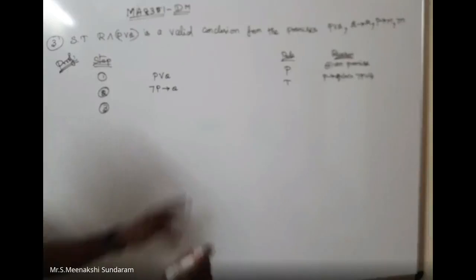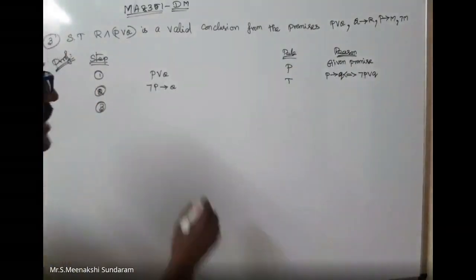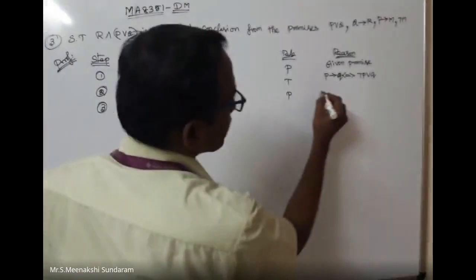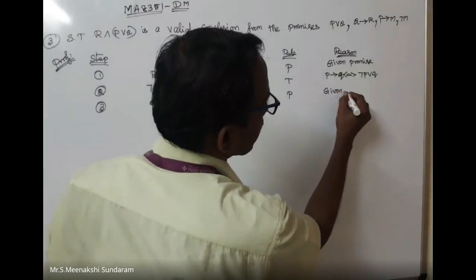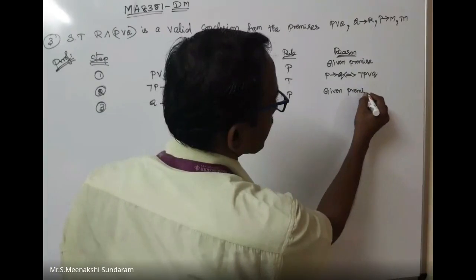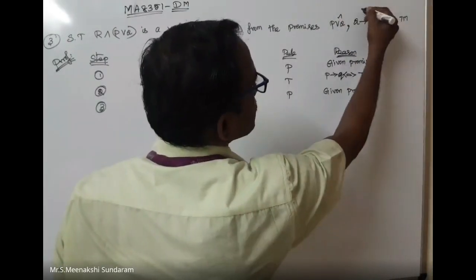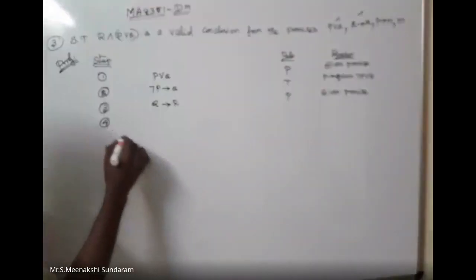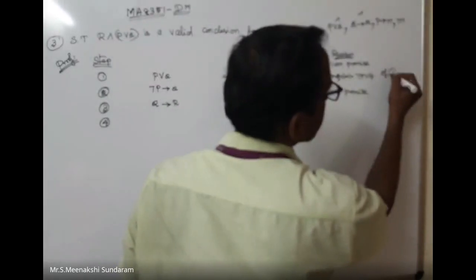Third step: now I can apply another premise, Q tends to R. That is a given premise. Okay, I can use it; Q tends to R is used. Can you use any other formula? Yes, of the first step.